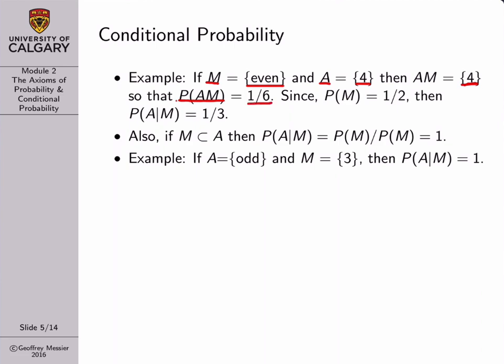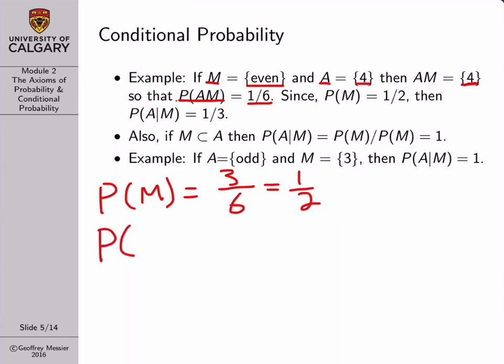We also know that the probability of M is equal to 3 over 6 by the classical definition of probability, which is just equal to 1/2. And so the probability of A, given that we know M, is equal to 1 over 6 divided by 1 over 2, which is equal to 1 over 3.